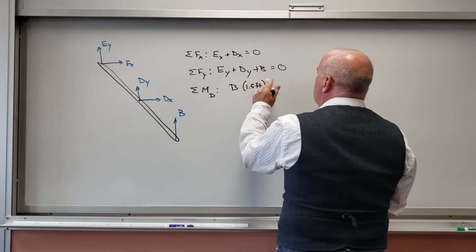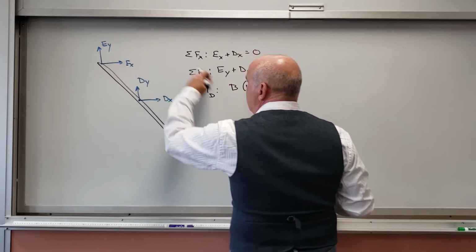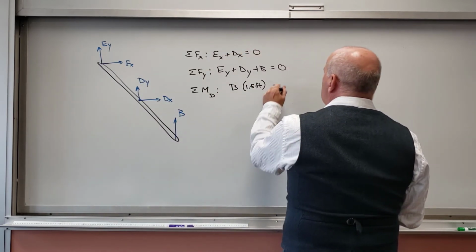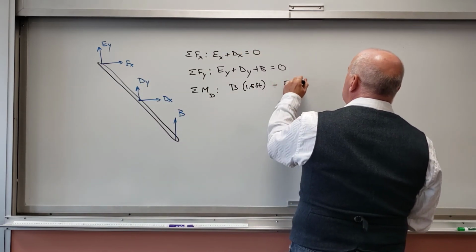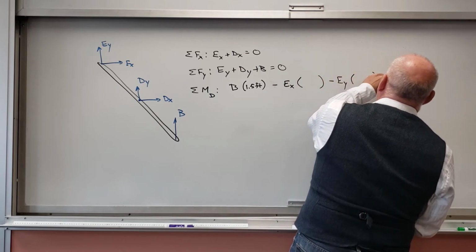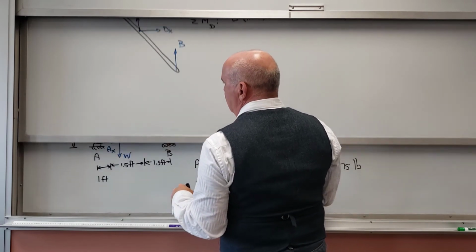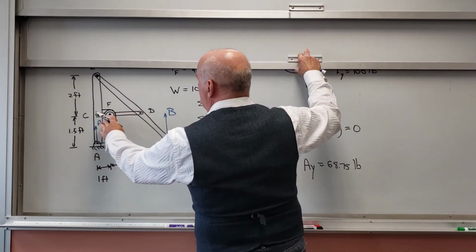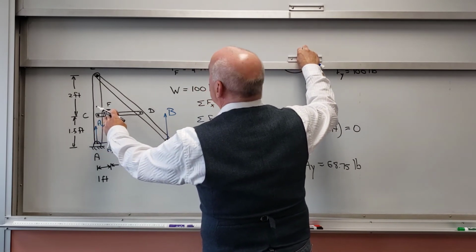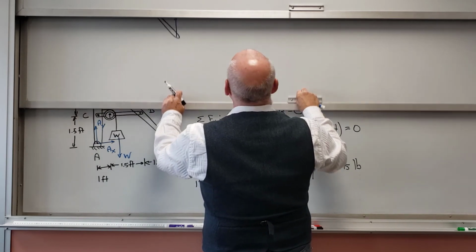And then minus, because if I'm rotating around D, E sub x wants to go clockwise, E sub y wants to go clockwise. So E sub x times this distance minus E sub y times this distance, and that's going to equal 0. E sub x should be 2 feet. E sub y should be 2.5 feet.